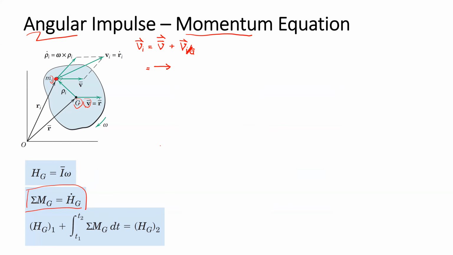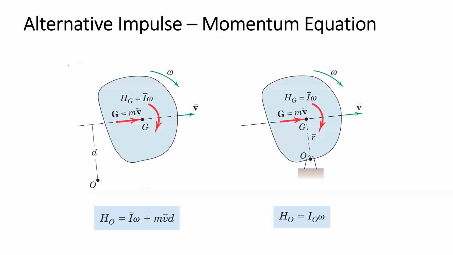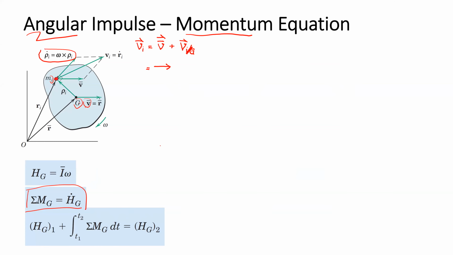And the relative velocity has an inclined direction like this. How about the magnitude? The magnitude of v bar is v bar.